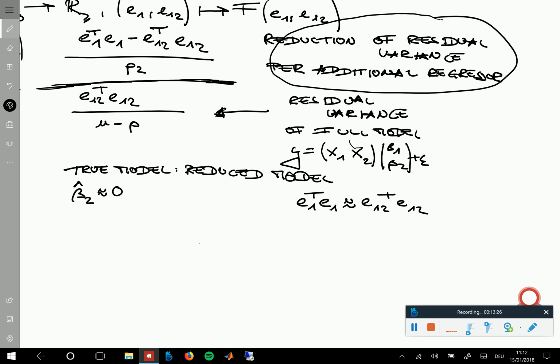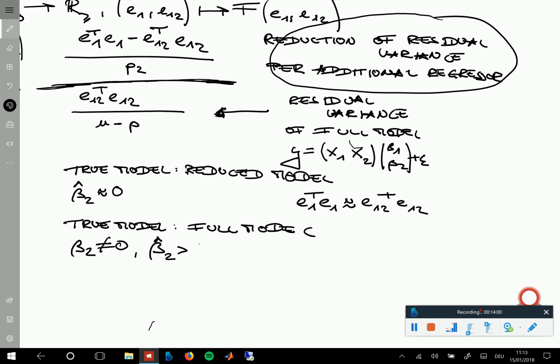Yeah. Now, if the true model is the full model, by which I mean that the true but unknown beta 2 is not 0, then of course the estimation for beta 2 is also not 0, so let's call that larger than 0.